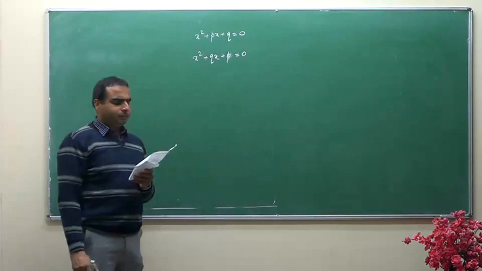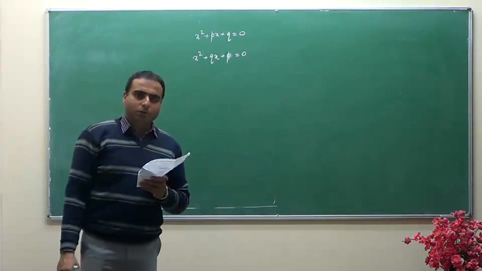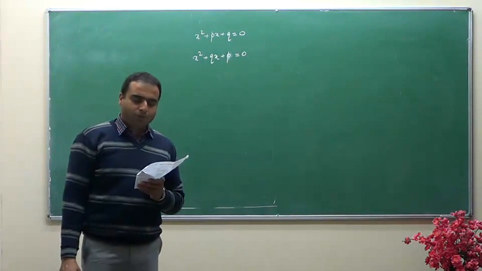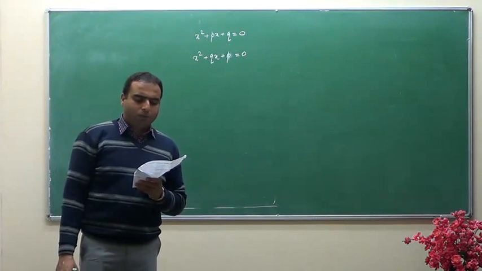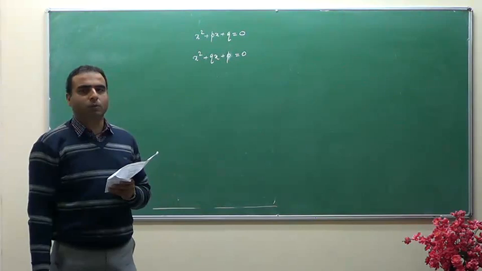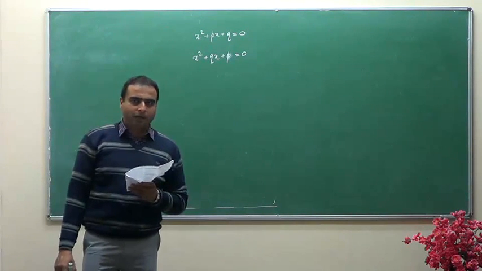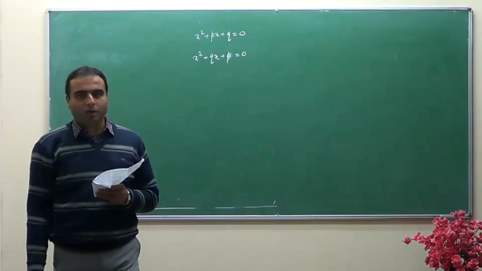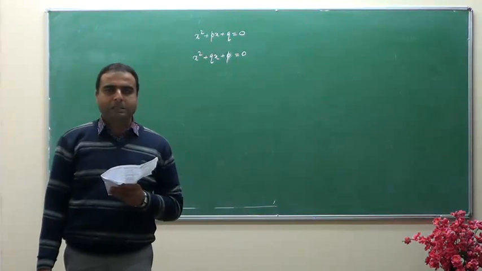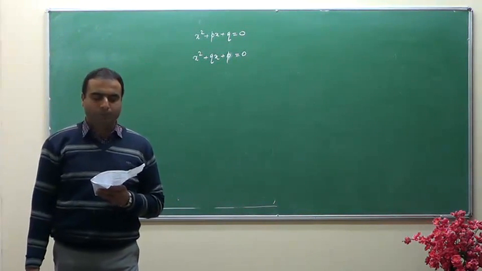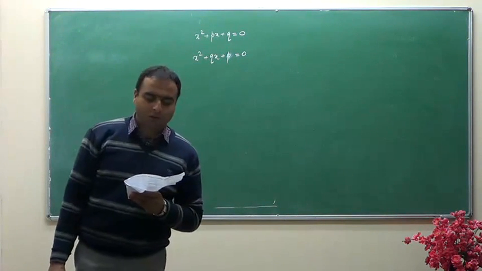then show that p plus q plus 4 is equal to 0 unless p is equal to q. Now I repeat the question.